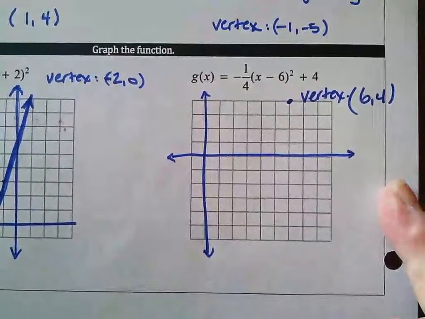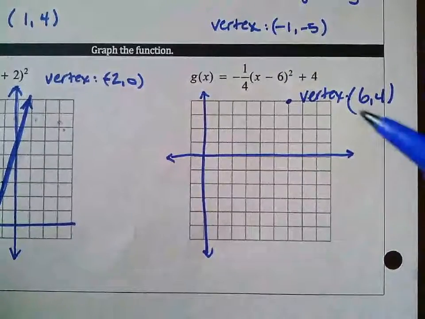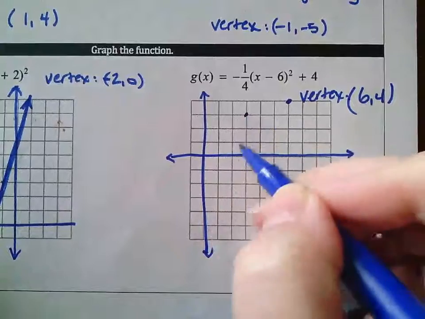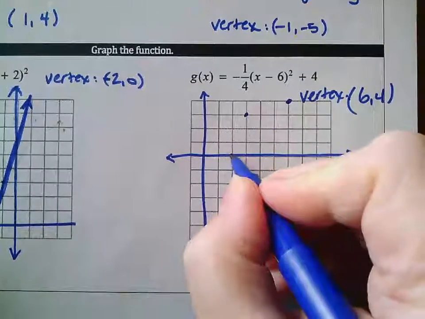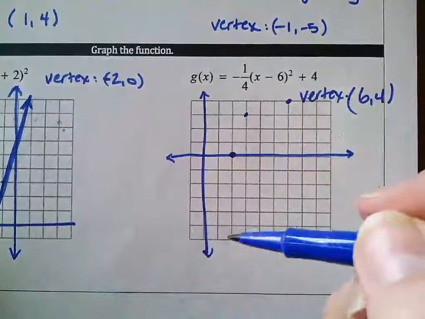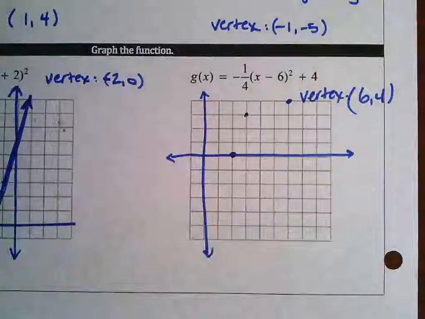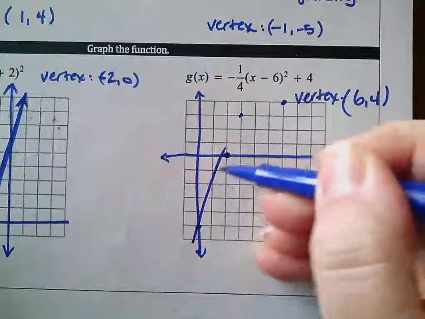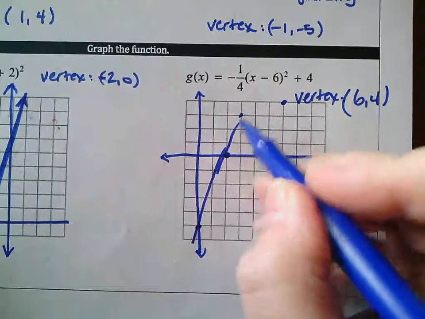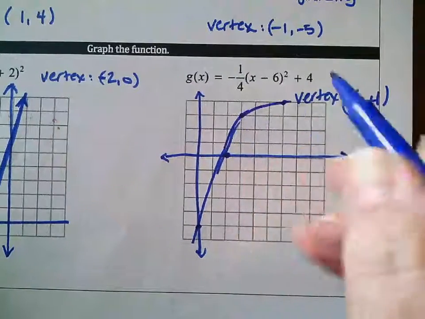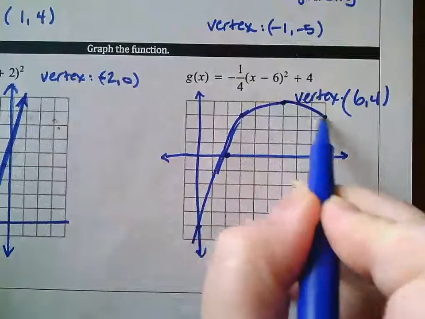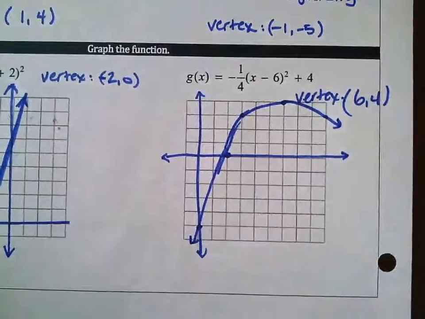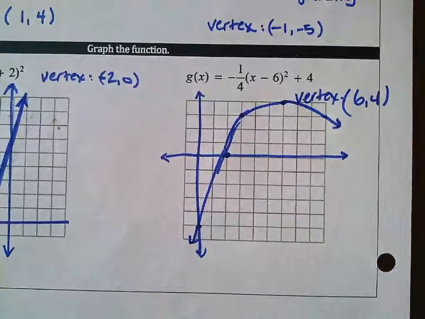So if it's going down, it's going to be basically a graph that is heading south. And this one was at 1, 2, 3, all the way here. So you can see this graph is very wide because of that fraction. That's what makes it really wide. And it looks something like that.